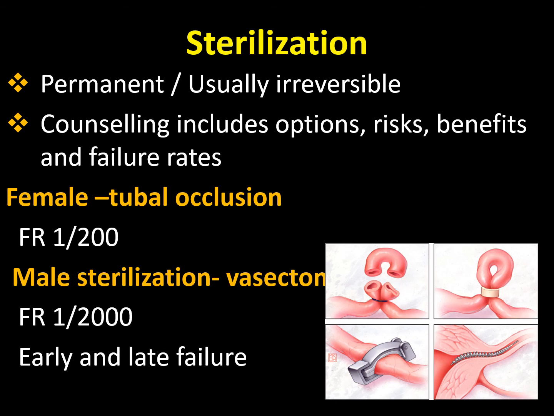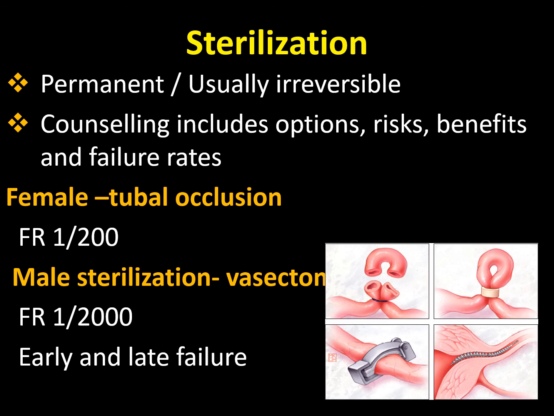It can be done at the time of the cesarean section, and also laparotomy may be used if laparoscopy is not possible. It is assumed that the failure rate at the time of cesarean section is slightly higher compared to non-pregnant women.